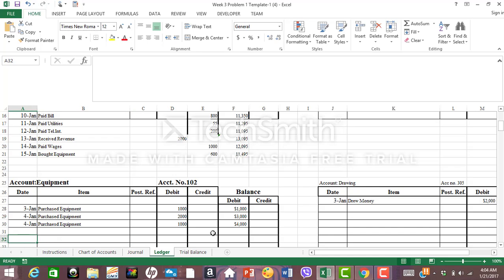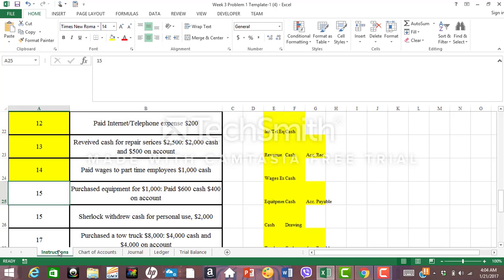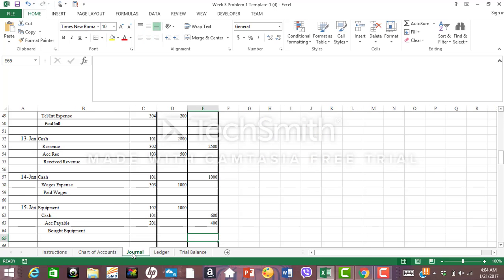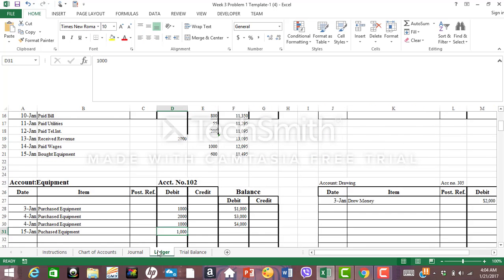And then equipment, January 15th, purchased equipment for, I believe, $1,000, right? Yes, $1,000. The new balance is the debit before plus your new debit.